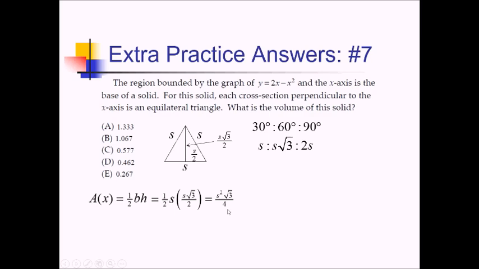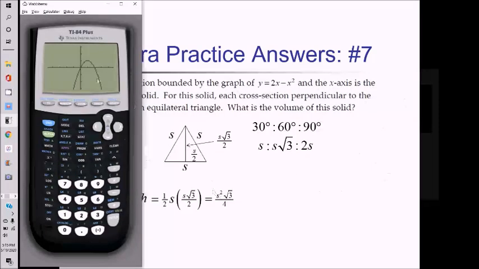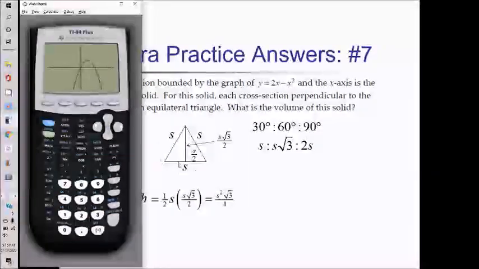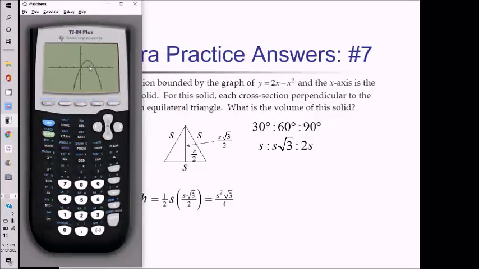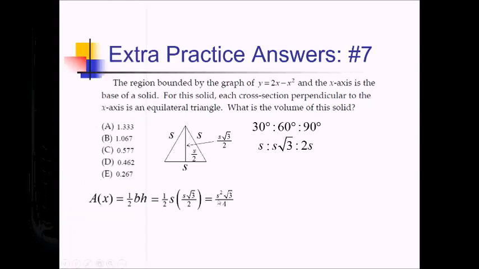Now we said just a moment ago that this s, going back to our graph, the base of this equilateral triangle, was really just the distance between the x-axis and 2x minus x squared. So I can rewrite this whole thing as 2x minus x squared quantity squared times radical 3 over 4. So that was kind of a mess, but that's where this formula is coming from: doing a lot of analysis to get the height and the base in terms of the same variable with equilateral triangles.